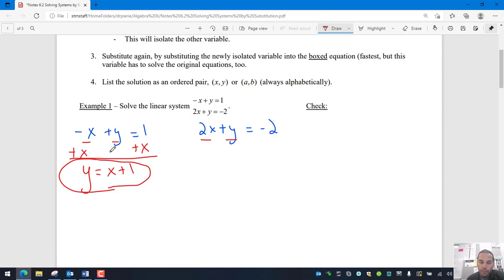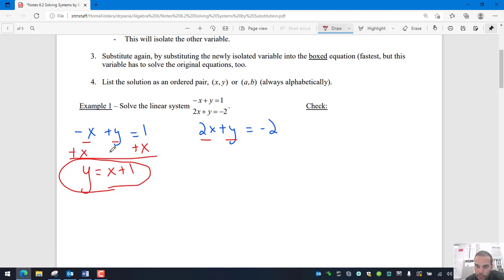Okay, so the first step, I isolated this y. Now I'm going to substitute this value in for y into my second equation. So what does that mean? Now, I know that y is the exact same thing as x plus 1. So wherever I see a y in the second equation, I can plug in x plus 1.